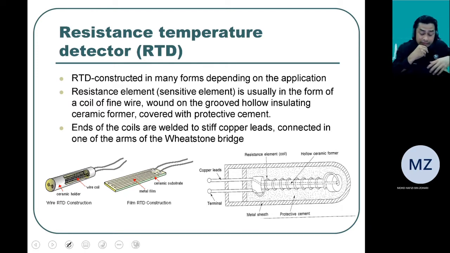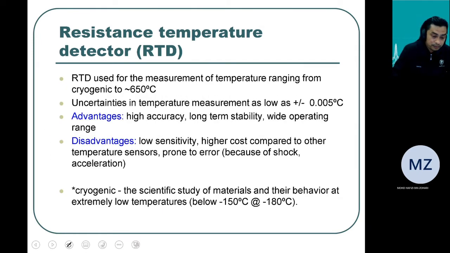Inside, they have a ceramic former, or this hollow thing, with a roll of resistant element. The rolling of the resistant elements depends on the equation that we have shown just now.